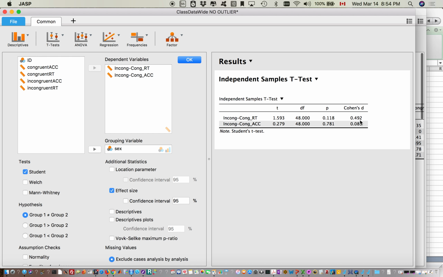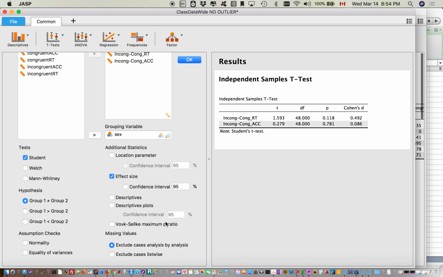It's a moderate effect, so you would probably want to say something about that, even though we did not achieve a significant difference. The reason that we didn't achieve a significant difference is probably because we have so few people in the males group. So it looks like this is trending towards significance.